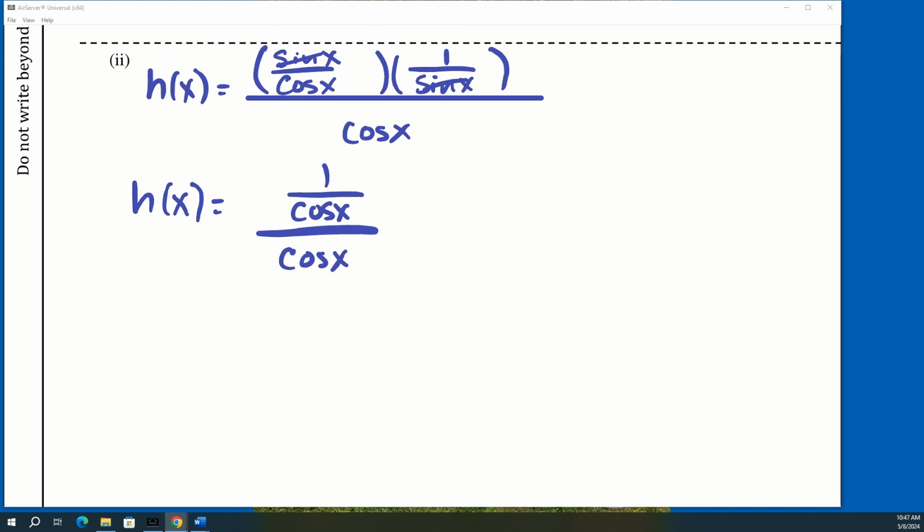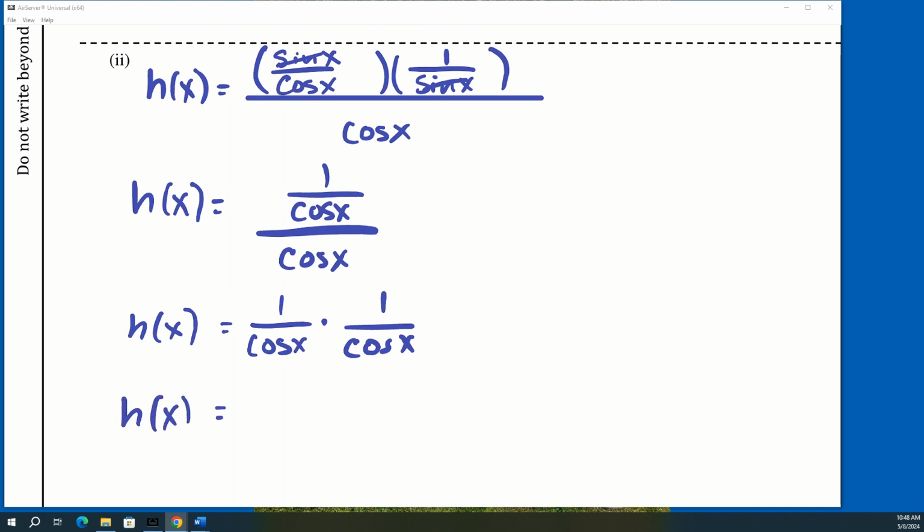All right, so we haven't got to the final answer, which is going to only involve secant of x, but we're getting close. So I want to take 1 over cosine of x, which was the numerator, and I want to divide it by cosine of x. How do you divide by it? Multiply by the reciprocal, so we're going to multiply by 1 over cosine of x. So what's that going to give you?